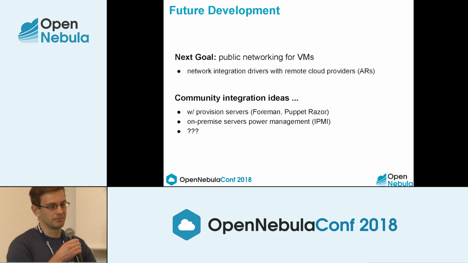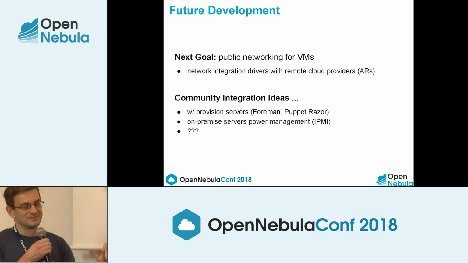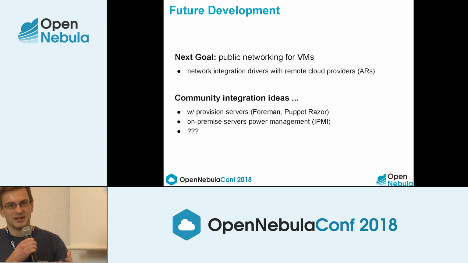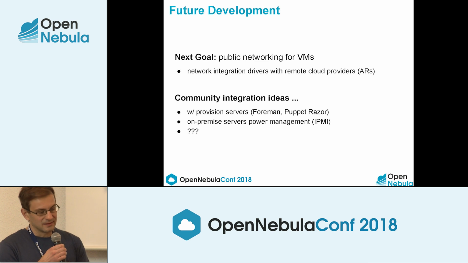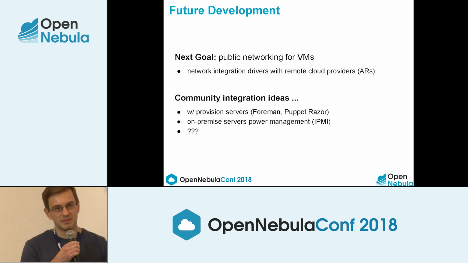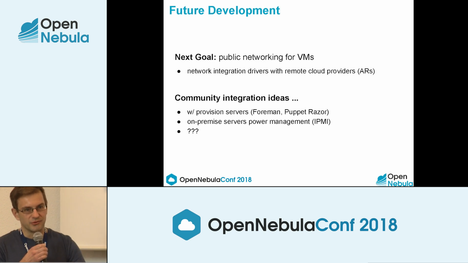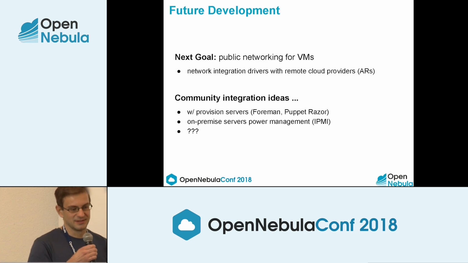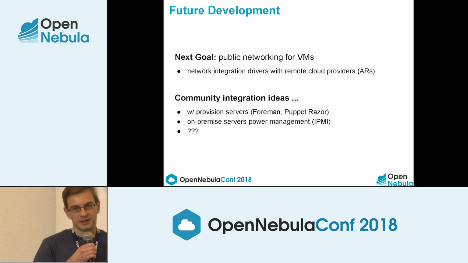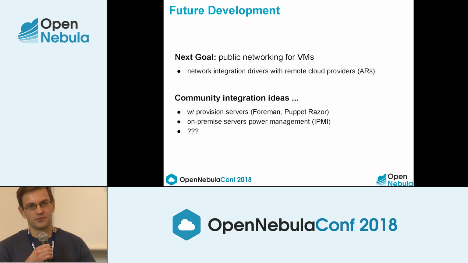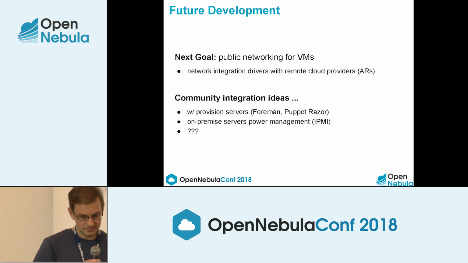If you use Foreman or Puppet Razor, you can get resources from your provision server. Or you can manage the lifecycle of your on-premises hosts over the management interface. You can reset your on-premises servers and so on. And these are just ideas for how you can use this tool and extend it for your own use cases.